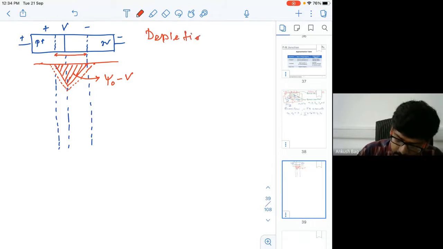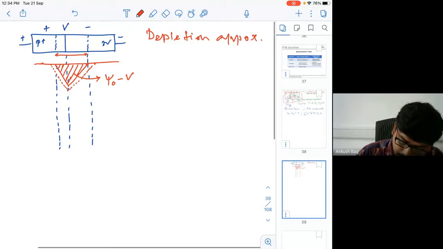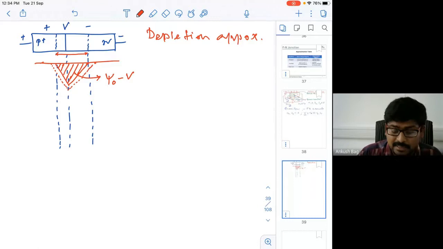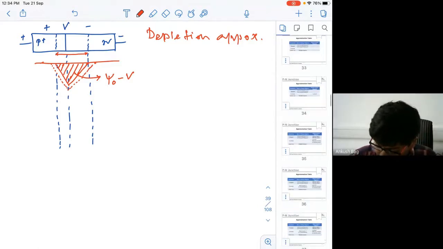Depletion approximation. So in this depletion approximation, what we have seen earlier, I can show you this.